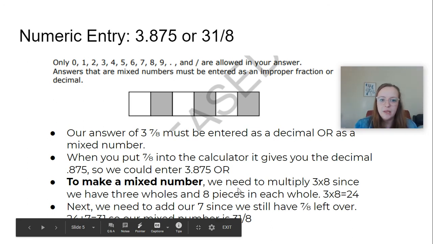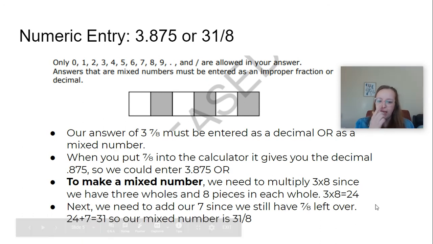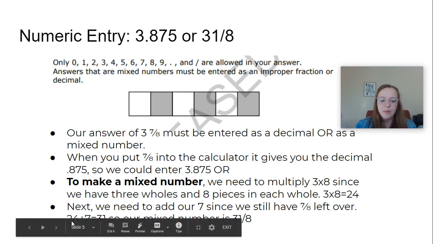So all you do is find the total number of eighths in that mixed number. So you can multiply 3 times 8, since we have 3 wholes and 8 pieces in each whole. So that equals 24, but then we need to add our 7/8 to it. So 24 plus 7 is 31. Our improper fraction would be 31/8.